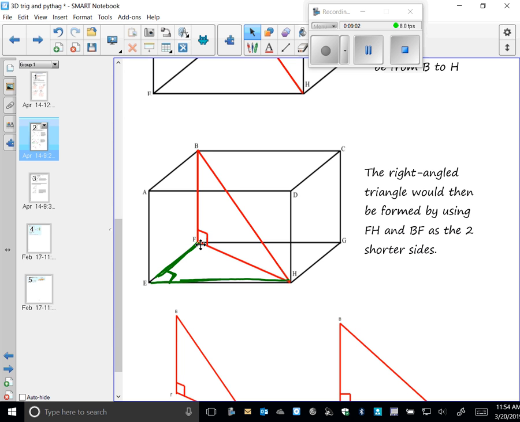It's like the white one here. Can you all see that one? It's going along the center of the cuboid, but it actually is a right angle triangle if you were facing that bottom.